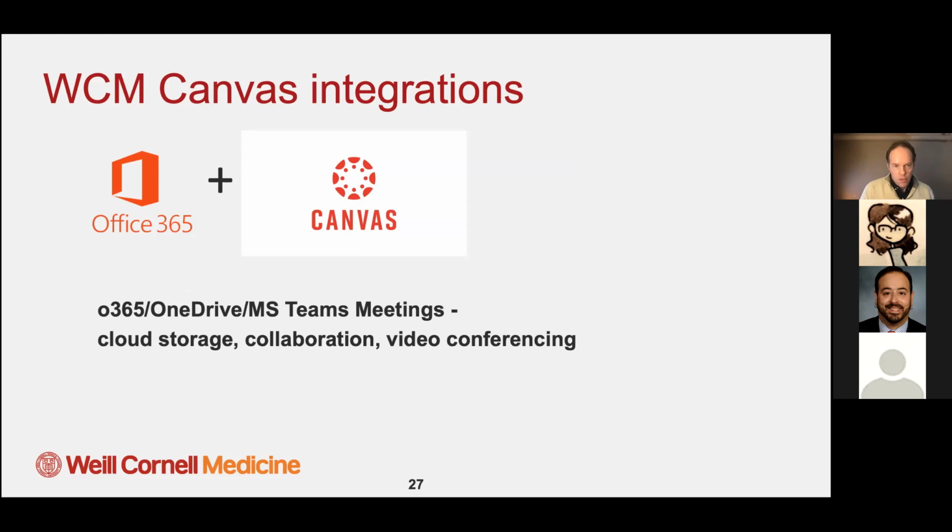For collaboration, this would allow you to use any Microsoft Office document type, like Word, PowerPoint, etc., and actually collaborate with students, or with teachers and students together, within a Canvas course. And then there are the video conferencing options that Microsoft Teams offers. If you are using Teams instead of Zoom, for example, you can put your class video conferences right there in your Canvas course and have an easy link for students to use.